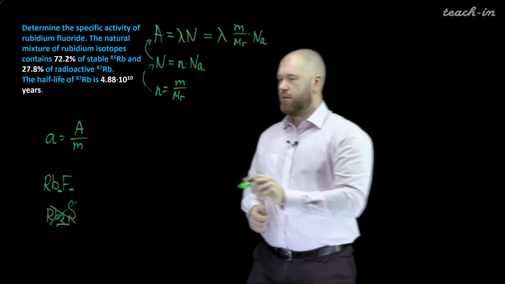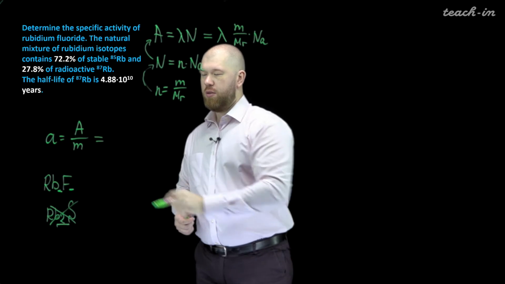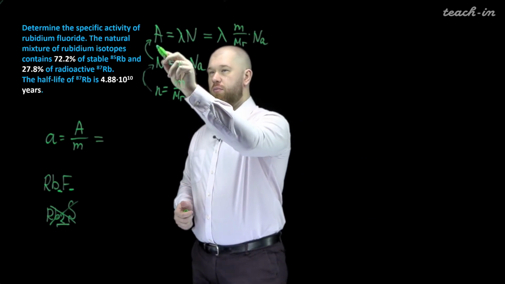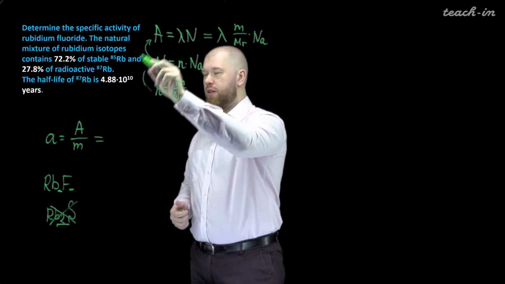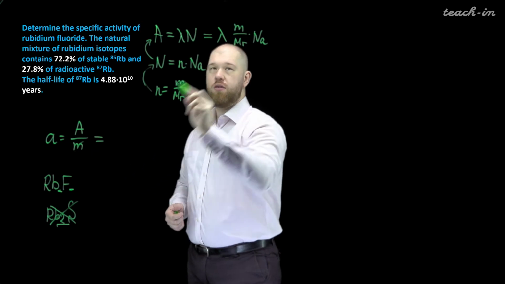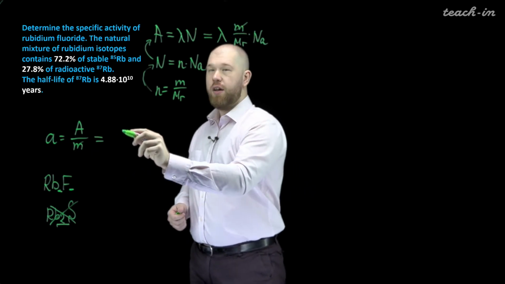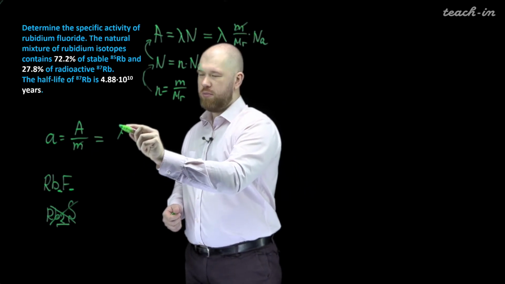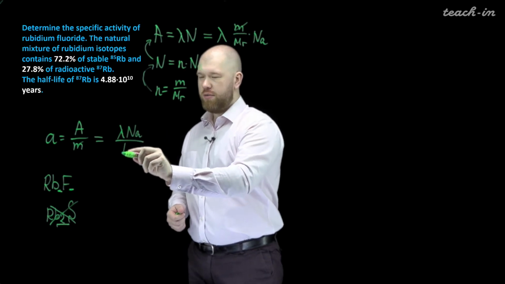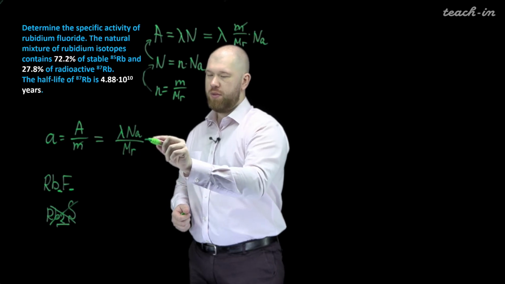And thus we put our equation for activity here, and we see that the mass will be neglected, and thus it will be simply lambda times Avogadro number divided by the molar mass.